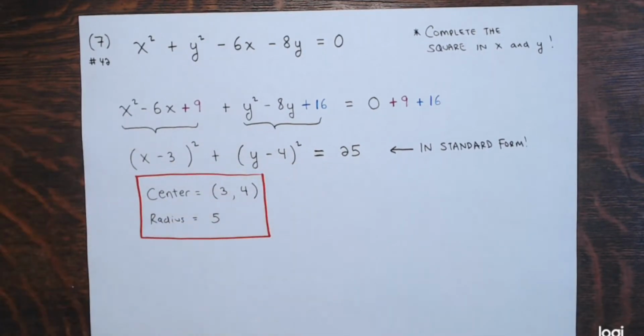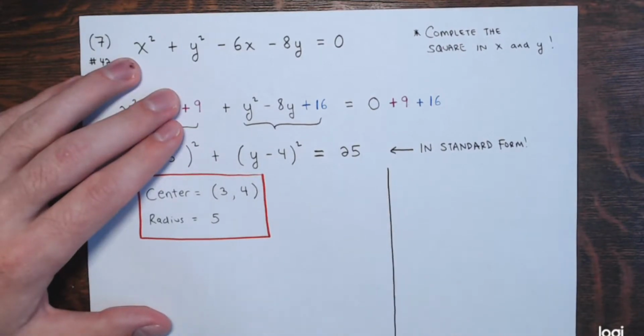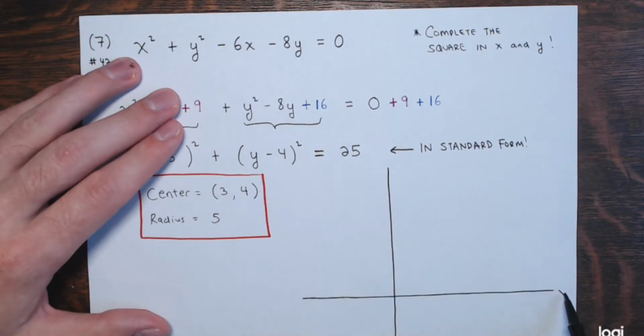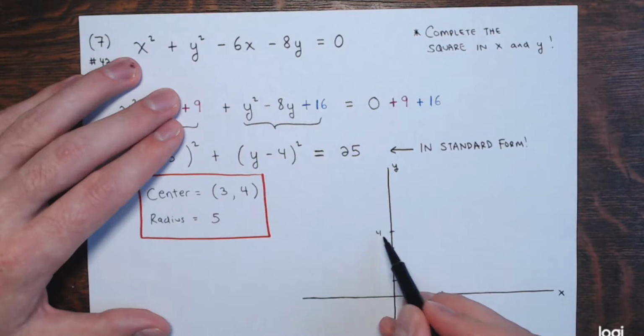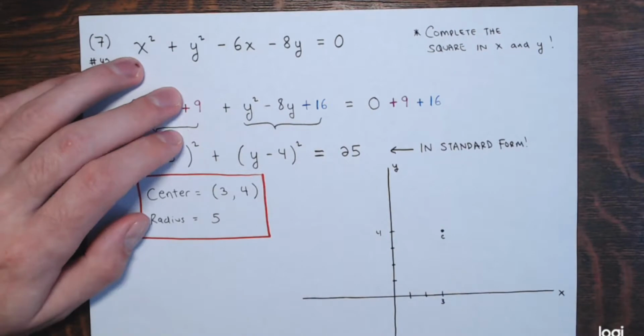Now I'll draw it, as best I can with my hands. So 3, 4: 3 on the x, 4 on the y. Here's the center. Let's put a C next to that.